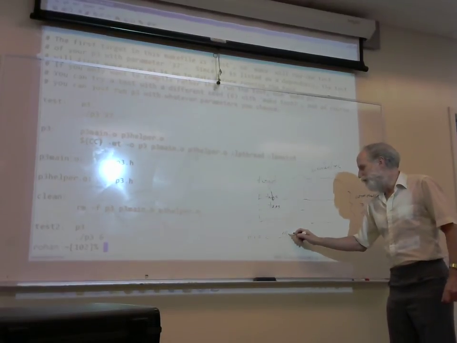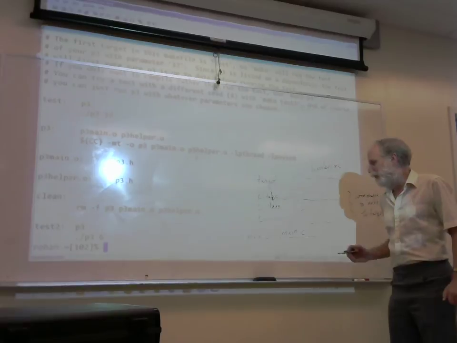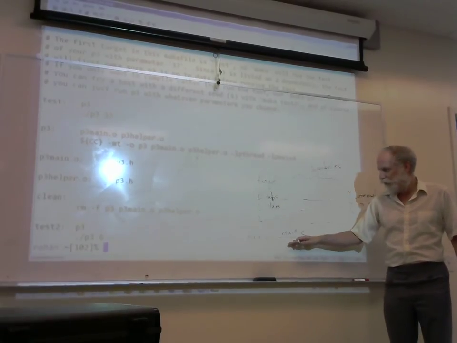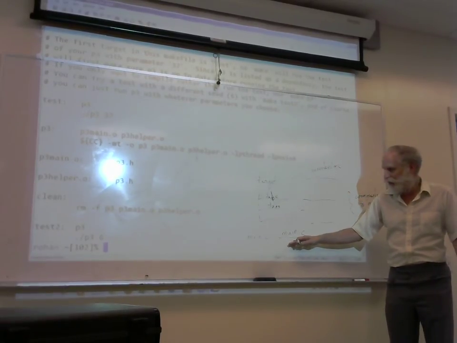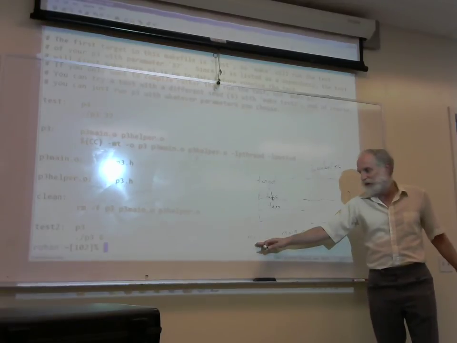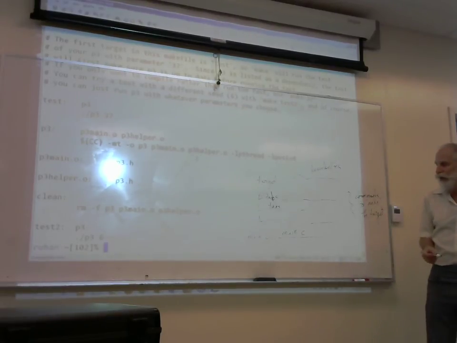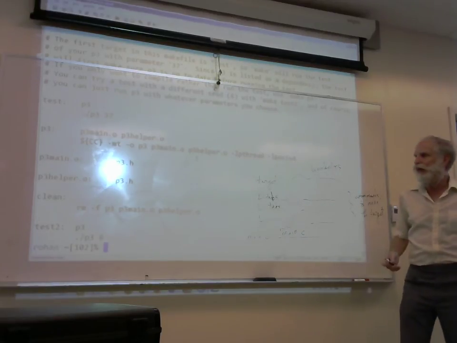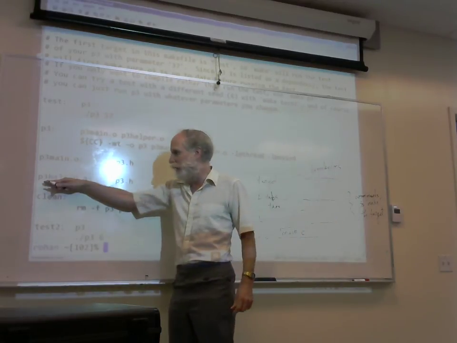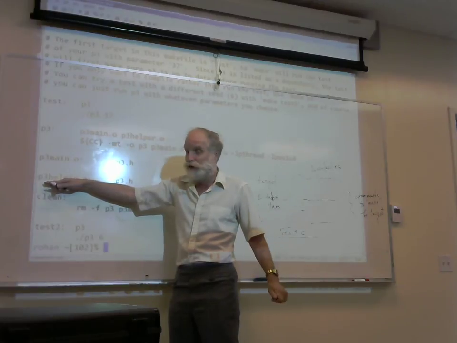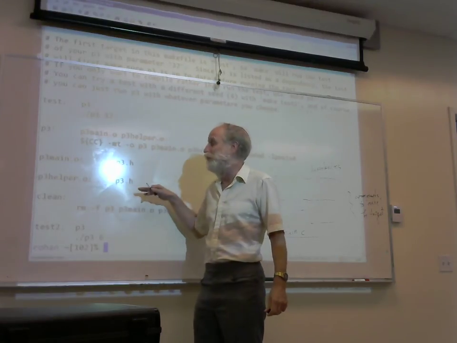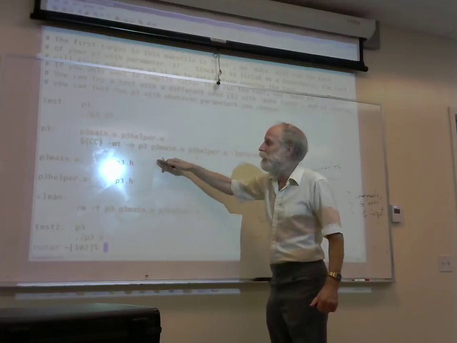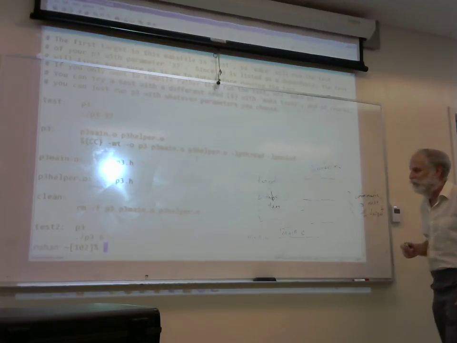You don't have to write out your name.c. If you change your .c code, then the object module is obviously out of date and would need to be remade. But make doesn't require you to put in all these obvious things. If you're one of these guys, it knows that you better go figure out where P3helper.c is and make sure that's up to date. So there are some implied dependencies out here that you don't have to list.